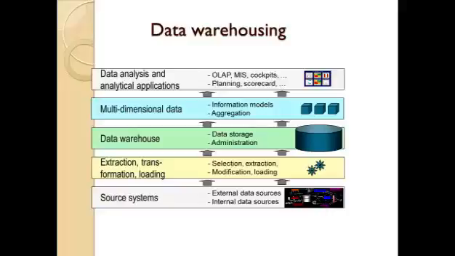So that's another piece in a data warehouse, and that is to get data into the data warehouse for proper storage and administration. And after that, the data can be organized into multidimensional structures to facilitate multidimensional analysis that we talked about earlier.